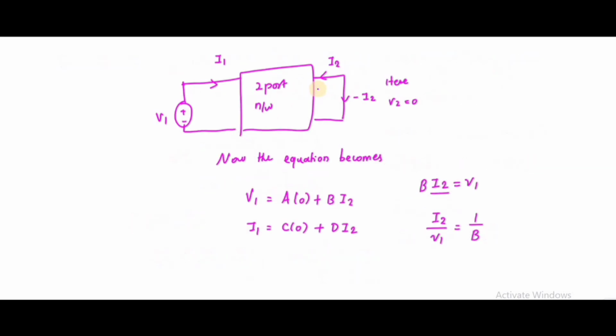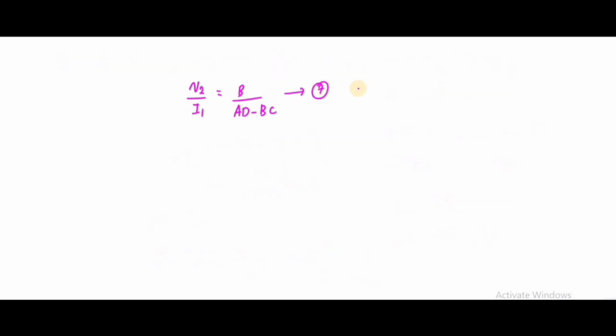I am going to equate this with the equation from step 1, that is I2 by V1 is equal to 1 by B.